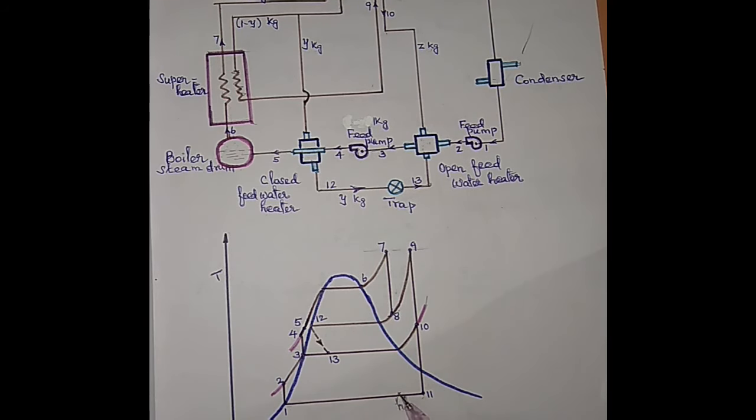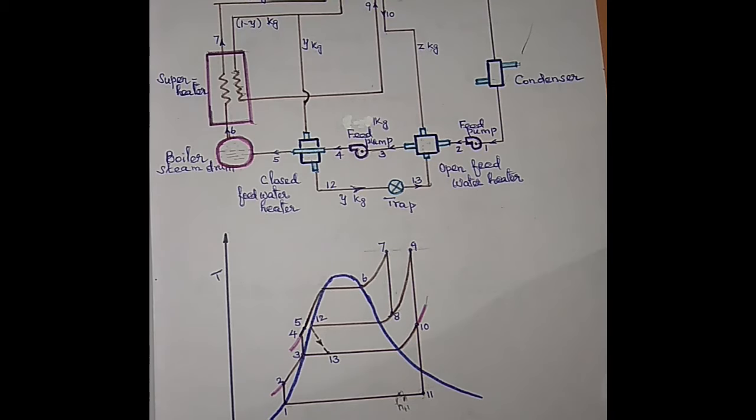What is the condition of the steam here compared to this one? The dryness fraction of this point is less than the dryness fraction of this point. That means the moisture content of the steam will be more.